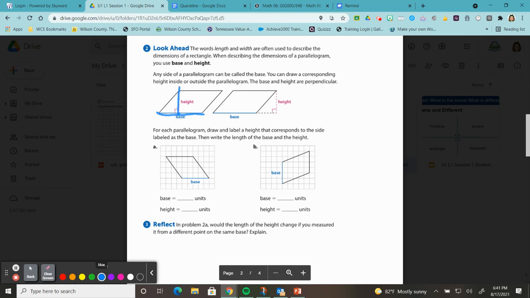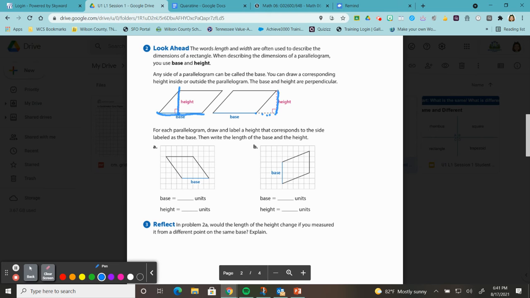It's showing you in the second picture of the same parallelogram that if you wanted to, you could label the height outside of the parallelogram. So you would be imagining the base extended so that then you can find the height from that base all the way to the opposite side of the shape.